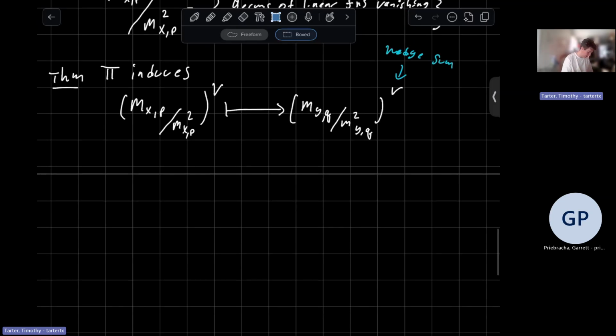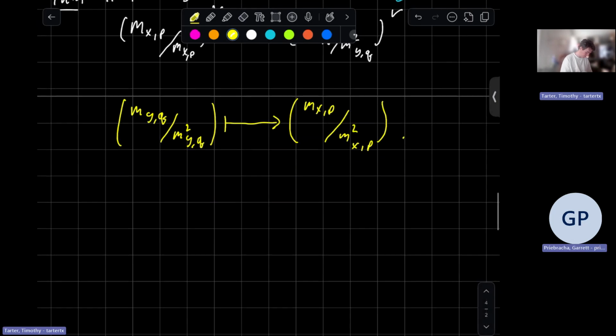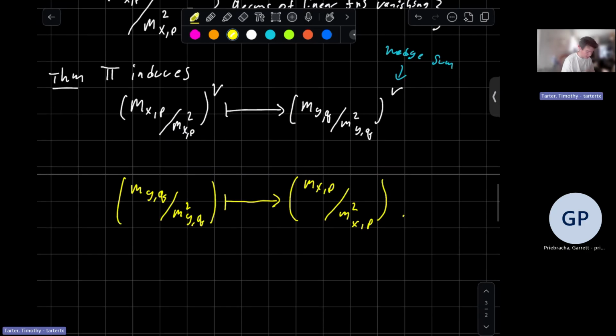Similarly, there's an inverse map that doesn't require the wedge sum, which is that m_{Y,Q} mod m_{Y,Q} squared can naturally map without wedge sum to m_{X,P} mod m_{X,P} squared. And this is called the cotangent map.